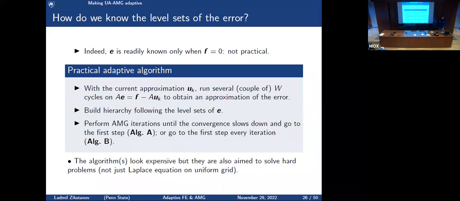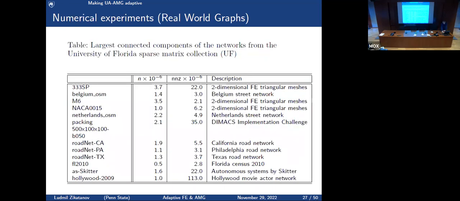So you take the difference between what you have now and what you have from the W cycle, and you say, okay, this is my error. And those are the level sets that I'm going to approximate. That's basically it. Now, this makes an expensive method, but as I said here, we don't solve Laplace on a uniform grid. This is for some other things. Okay. So sometimes this pays off.